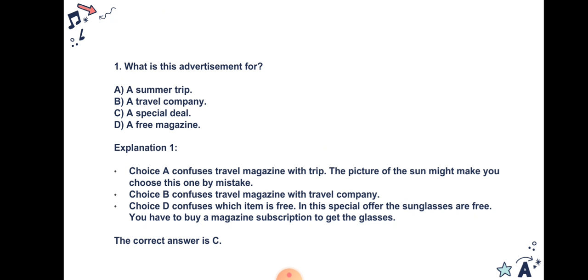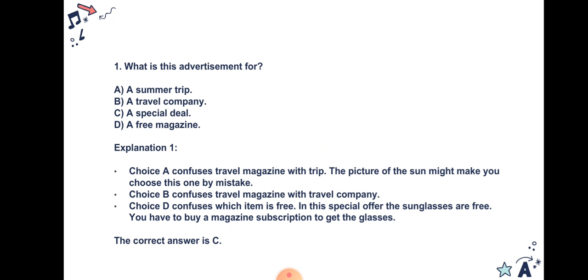Question number 1. What is this advertisement for? A. A summer trip. B. A travel company. C. A special deal. D. A free magazine. Choice A confused travel magazine with trip. The picture of the sun might make you choose this one by mistake.